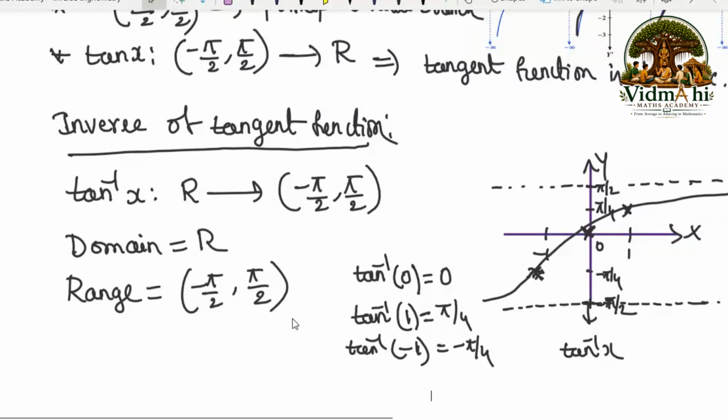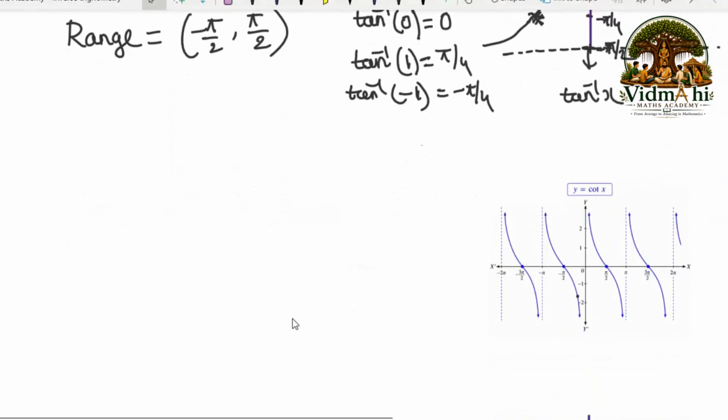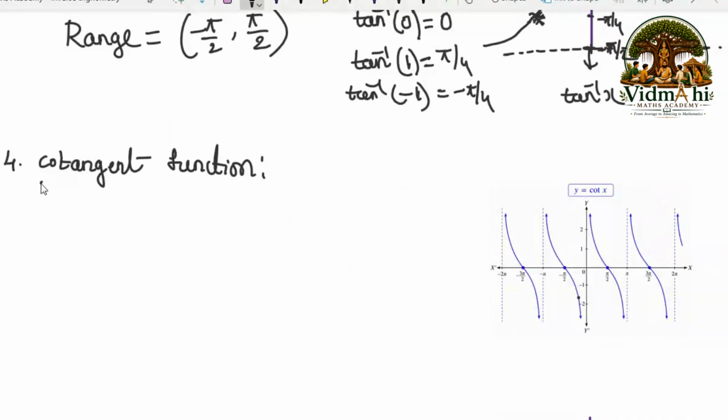For that, consider the cot function. Observe the graph. See here, cot 90 is 0, cot minus 90 is 0, cot 270 is also 0.